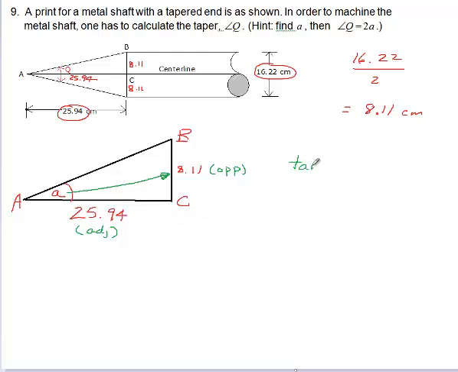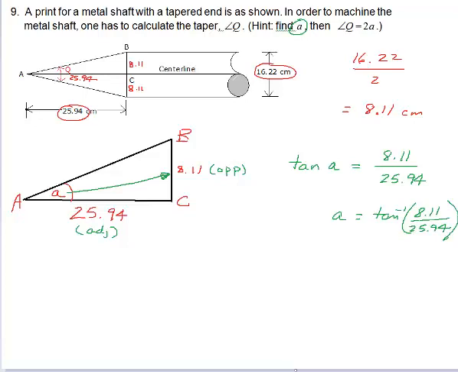So the tan of little a, they called small a in the hint up here, is equal to the opposite side, 8.11, divided by the adjacent side, 25.94. If you want the angle, you must do the inverse tan of those values. So we're doing the inverse tan of 8.11 over 25.94.